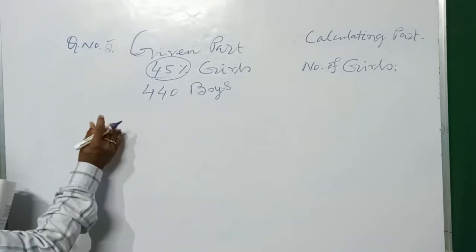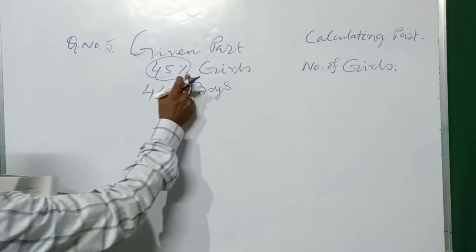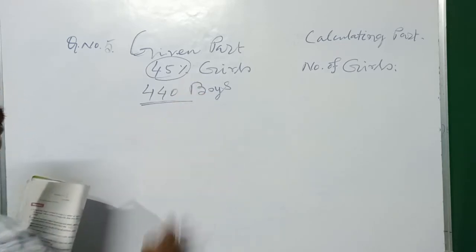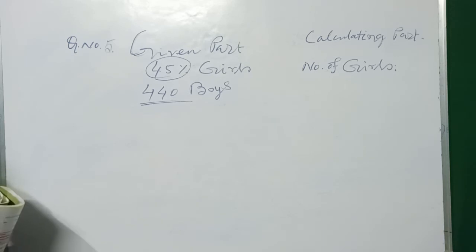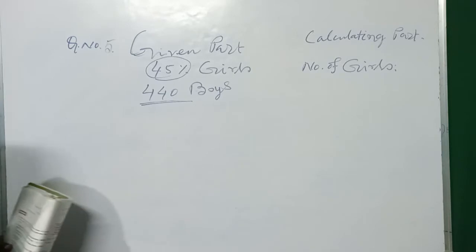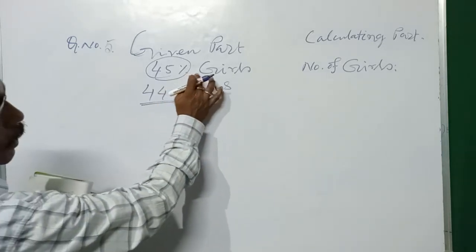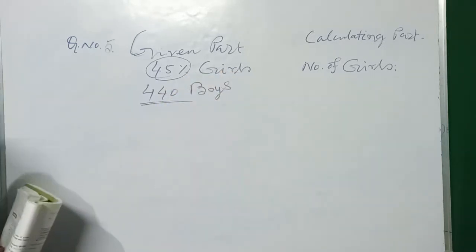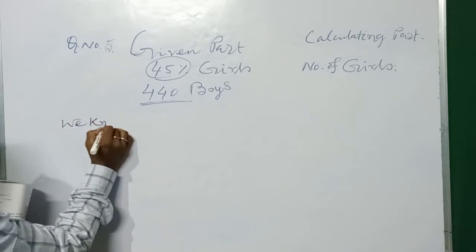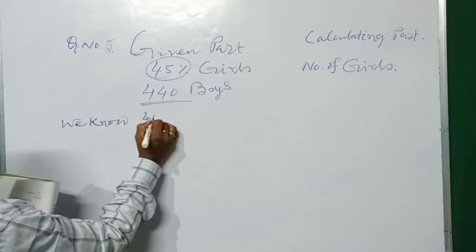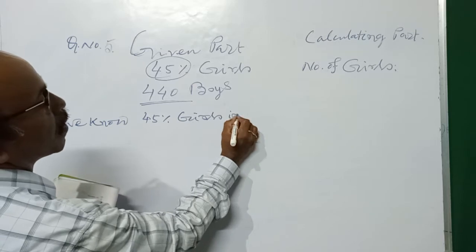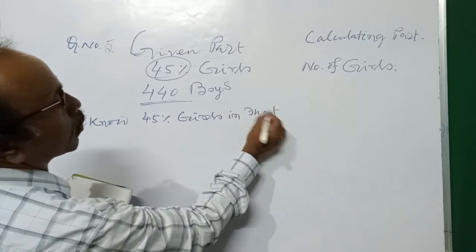Now we first calculate the percentage of boys, because here the number of boys is given. So how many percent are boys in that school? We know 45% are girls in that school.